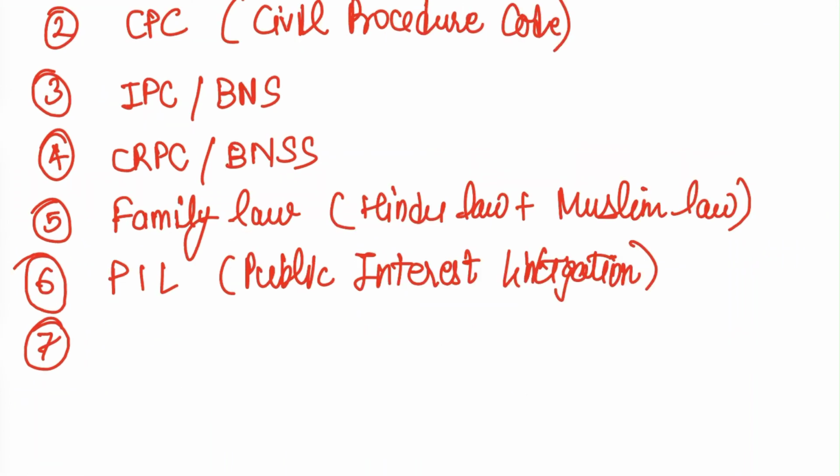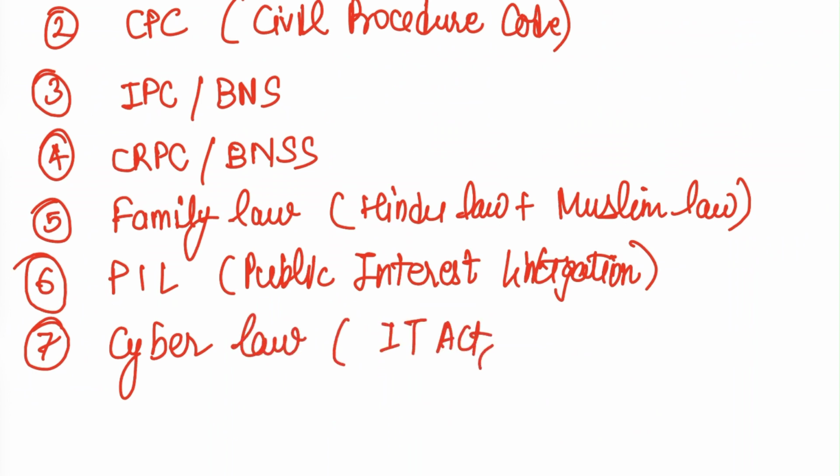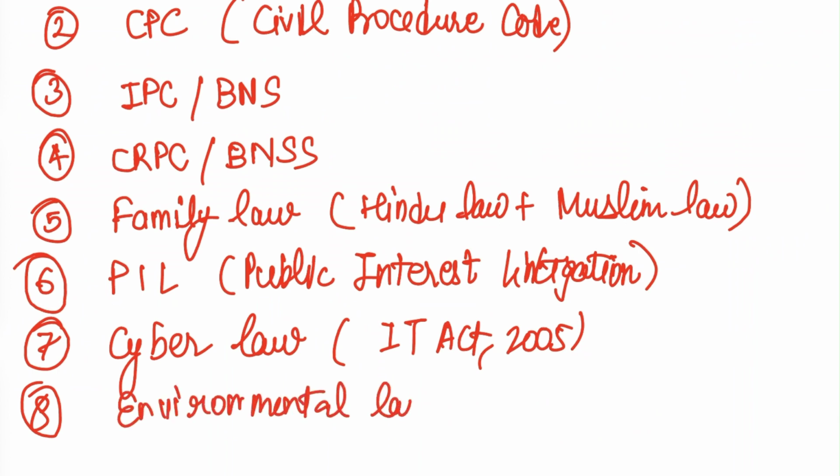Seventh is your cyber law, specifically your IT Act 2005. Eighth, you have to prepare your environmental laws, all the laws which are related to the conservation of wildlife or the natural resources, including air, water, and the treatment of sewages, all the regulations and all the acts that are given in your environmental laws.